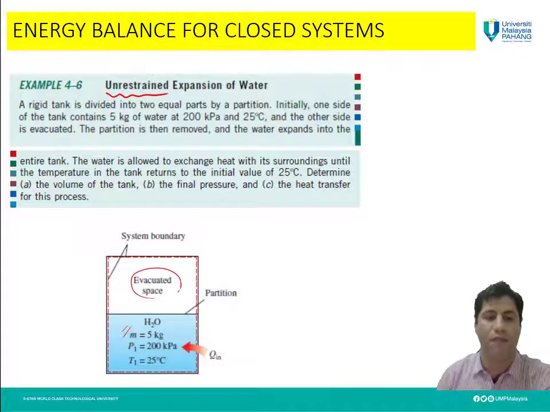So we have a space here in which nothing is there. The initial temperature of the water here when we have this partition is 25 degrees Celsius. Its pressure is 200 kilopascal, and the mass of the water in this part is 5 kilograms.